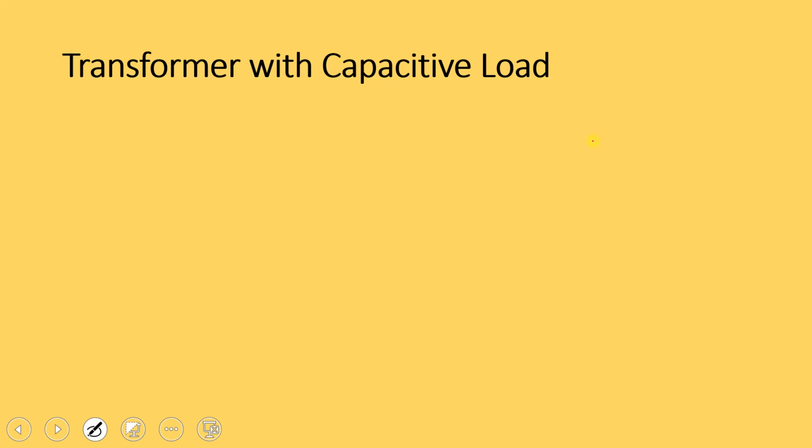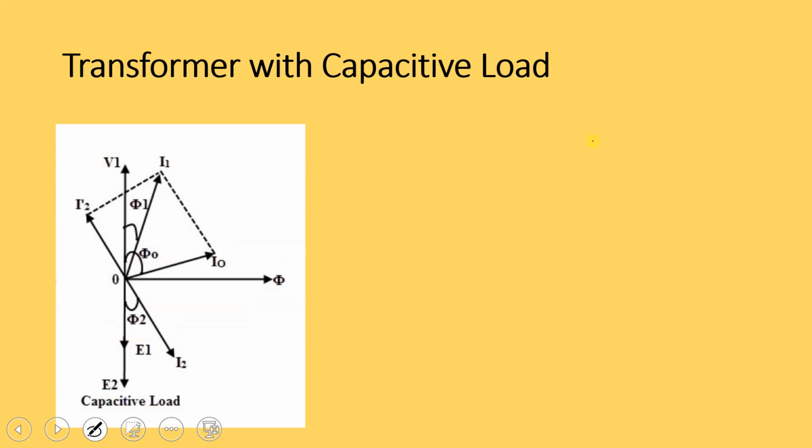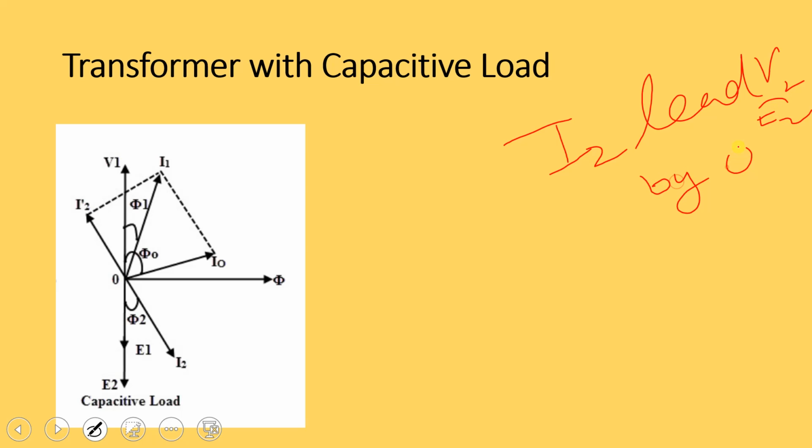Then we have the transformer with capacitive load. In the capacitive load, the current I2 leads V2 or E2 by an angle phi 2.